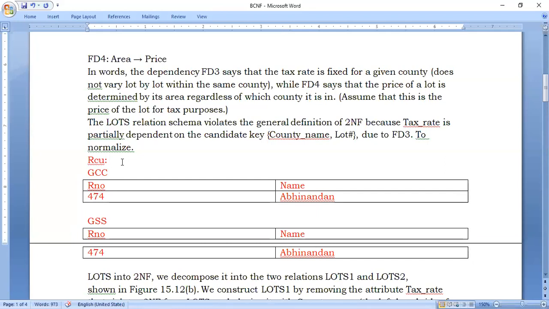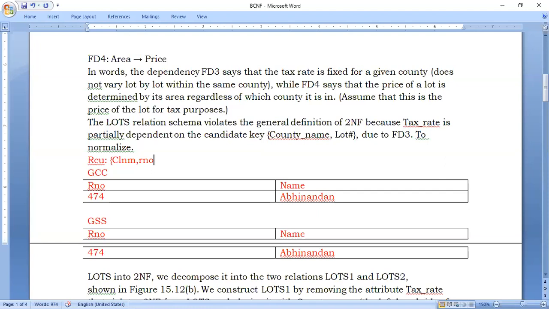But suppose if you want to consider only these attributes to form a primary key, then you can give it like this: college name, comma, roll number.